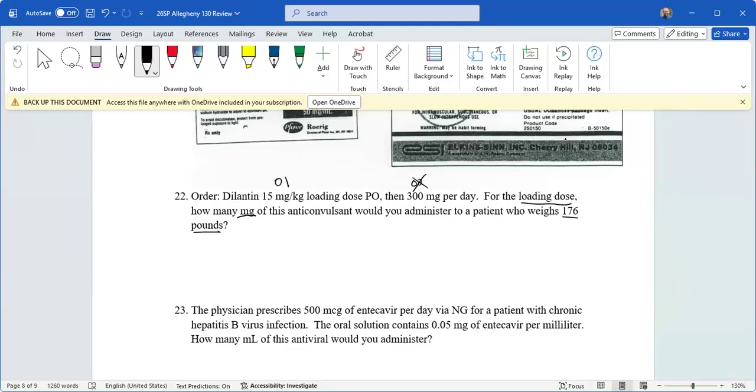This is always worth reviewing. If you don't recall, this is where dimensional analysis helps out. You should know that 1 kilogram is equal to 2.2 pounds.